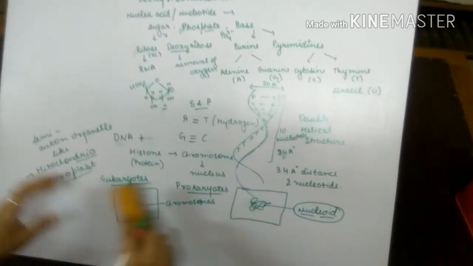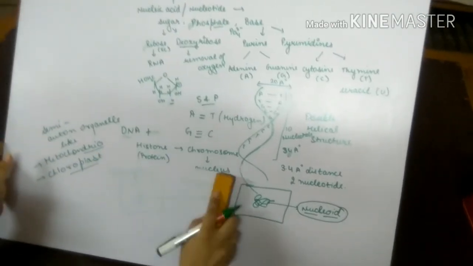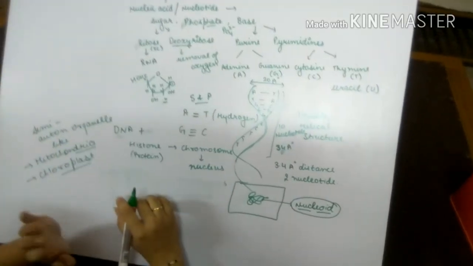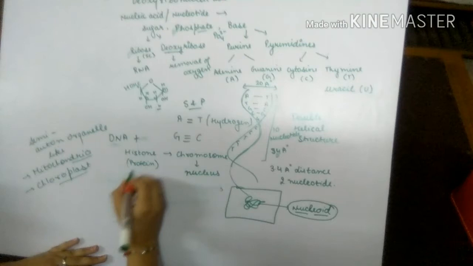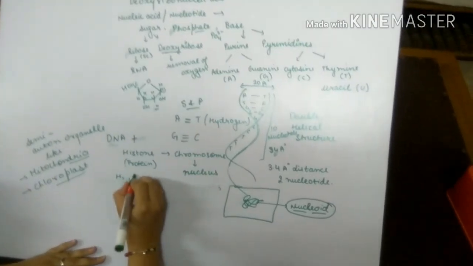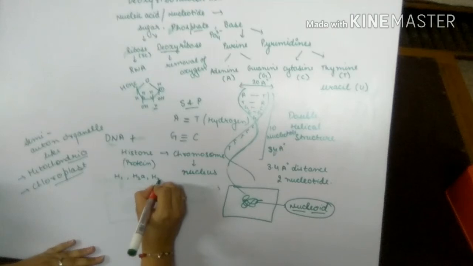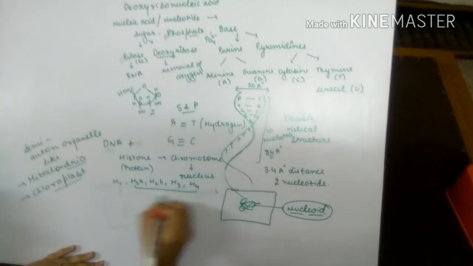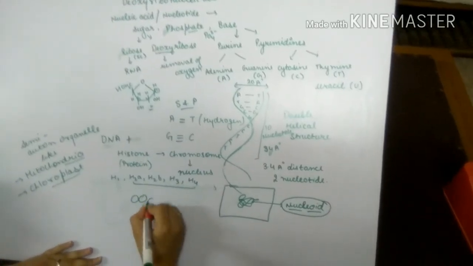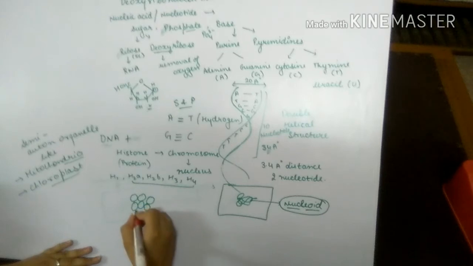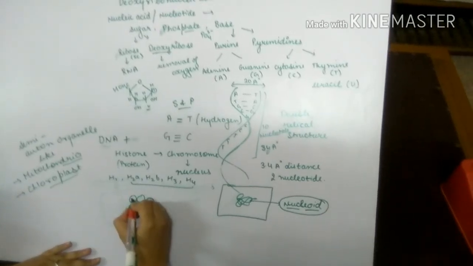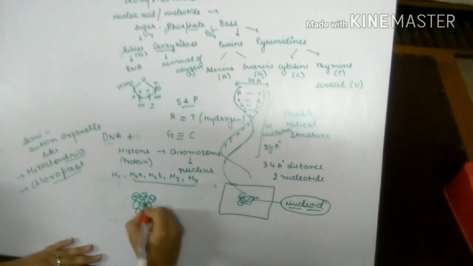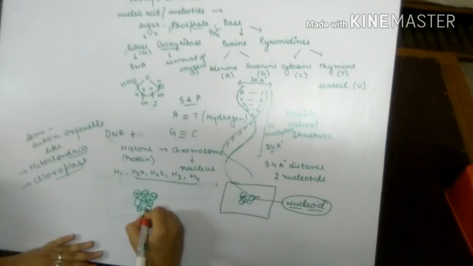So we were discussing histone. The chromosome is made up of histone and the DNA. In this, the histones are the H1 molecule, H2A, H2B, H3 and H4. These four form an 8 bowl-like structure, like H2A, H2A, H2B. It can be present anywhere, H3, H4.